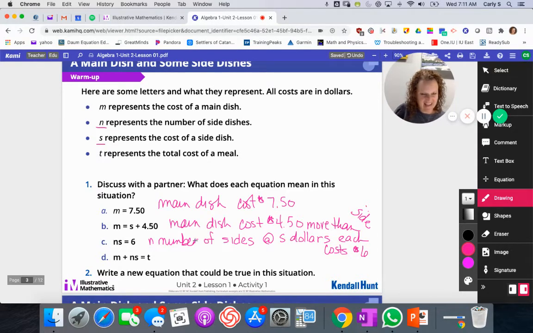All right, we can say that the total cost of the meal is, and usually the equal sign means is, the cost of the main dish plus, I'm going to use words, the cost of n side dishes at S dollars.